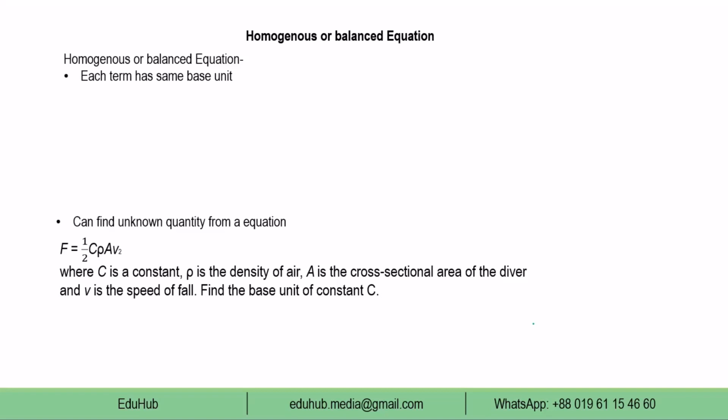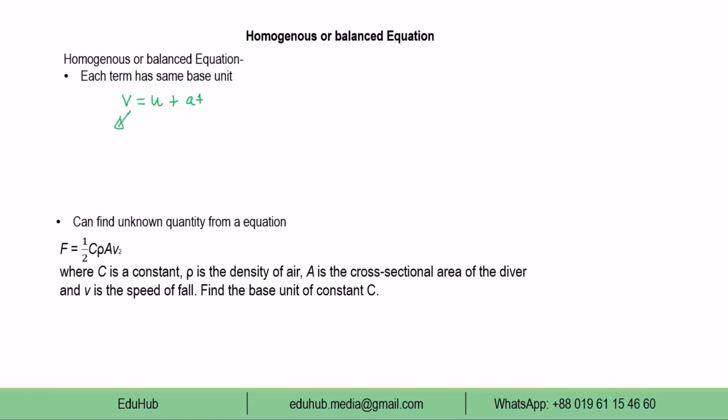If every term of an equation is similar, then it is called homogeneous equation. For example, let's consider the equation V is equal to U plus AT. Here V and U are for velocity, A for acceleration and T for time.